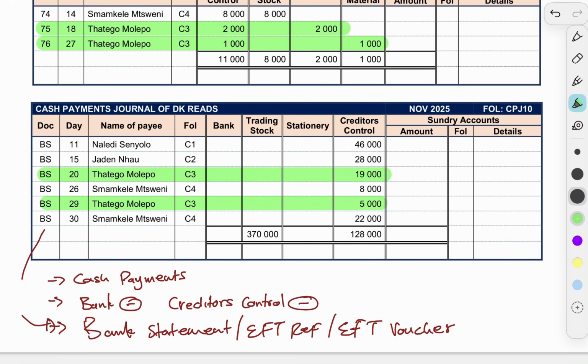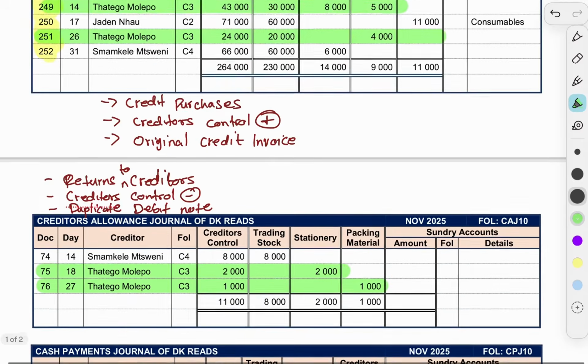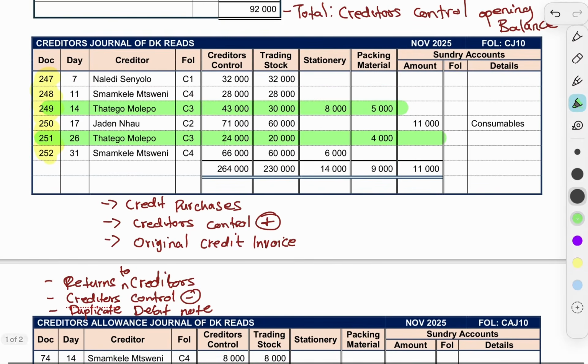But when you enter these transactions in the creditors ledger, you need to enter them in date-wise order. Okay, so they need to be in order according to the day. So which one came first?